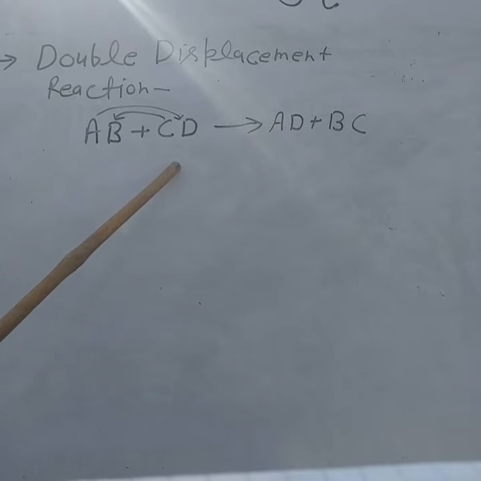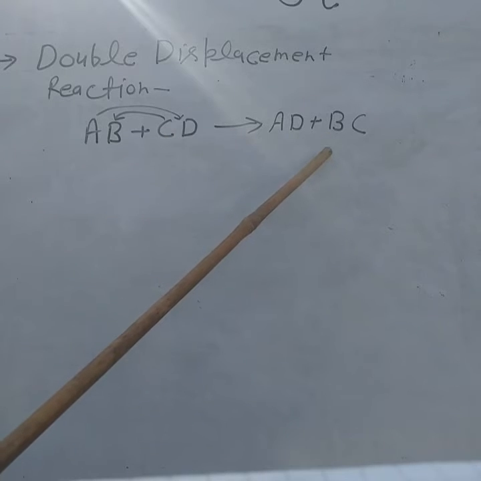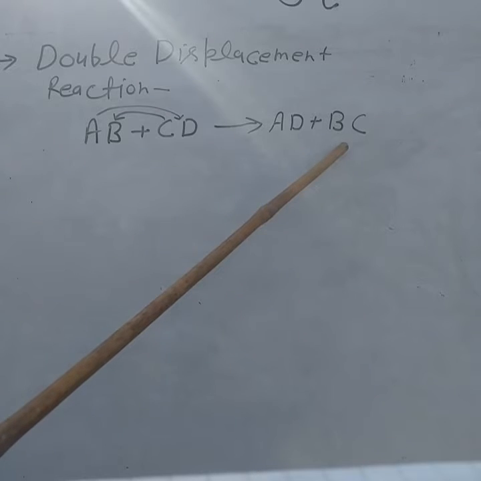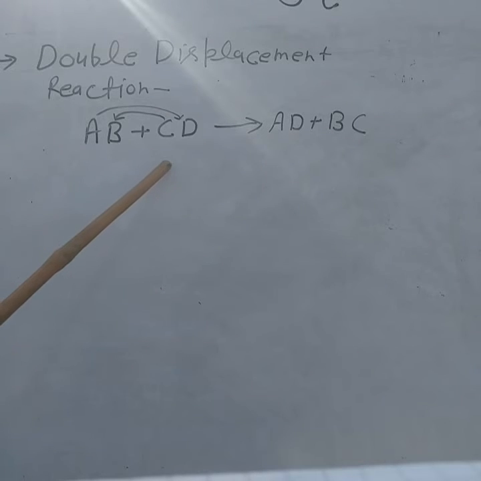And C displaces the place of A, so the product formed is BC. In this reaction they interchange their places, so this is called an interchange reaction or double displacement reaction.